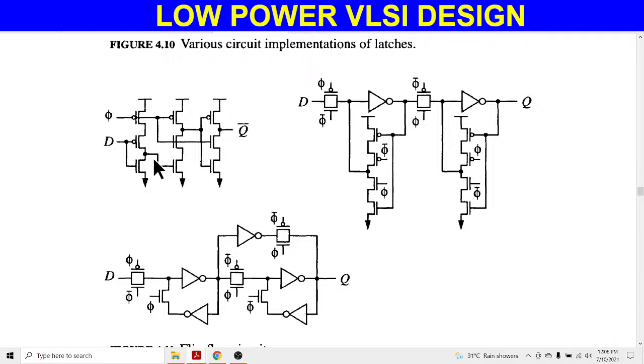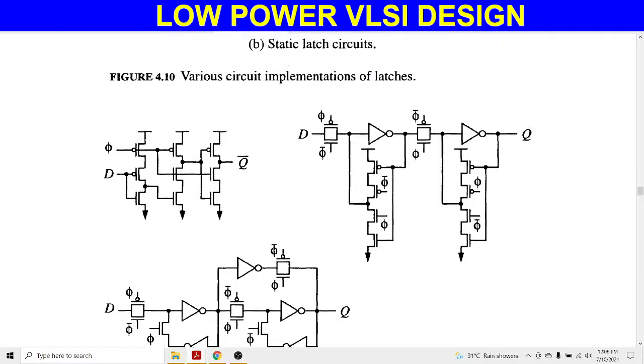So when we add some extra circuit with this flip-flop, definitely the power consumption will increase. If it works on a single phase with a non-overlapping clock pulse, definitely some power will be reduced.